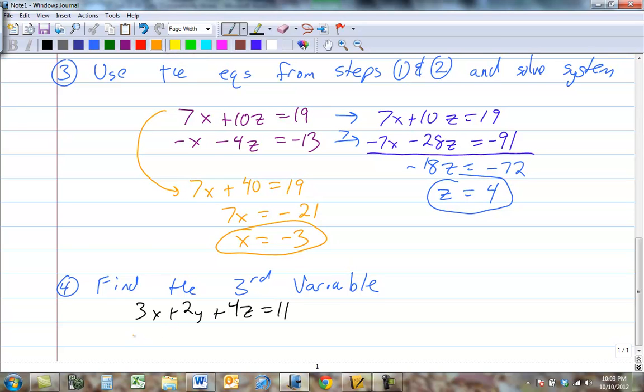So you got negative 9 plus 2y plus 16 is equal to 11. I'm going to move this way. 2y plus 7 is equal to 11. 2y is 4, thus y is, I'm going to put it here, y is 2.